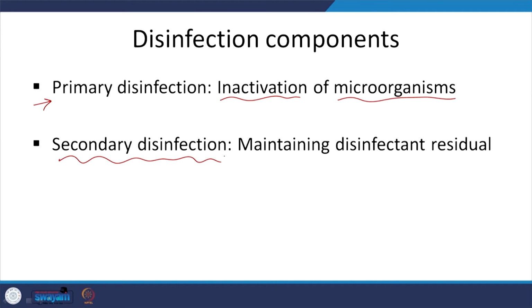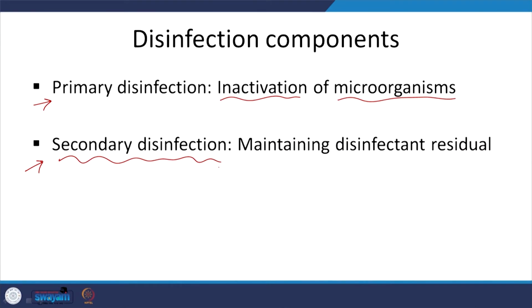Though I am discussing this, this is relevant to the water aspect, but let us go ahead and talk about it in general. So, secondary disinfection. Primary disinfection is what we are looking at in the context of our wastewater. In the context of water, we have to obviously kill the microbes and also ensure residual chlorine, maintaining the disinfectant residual.